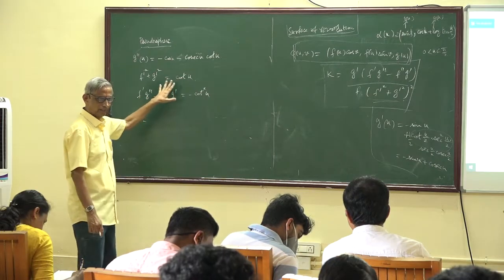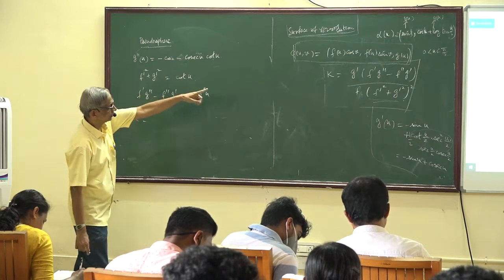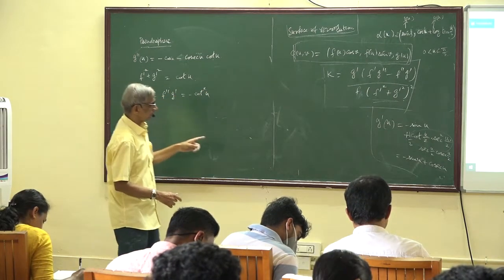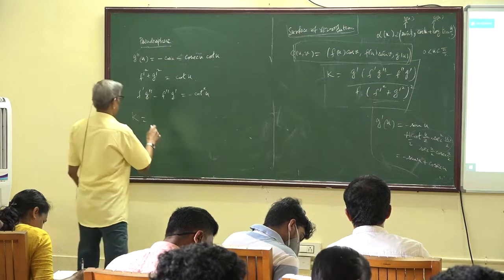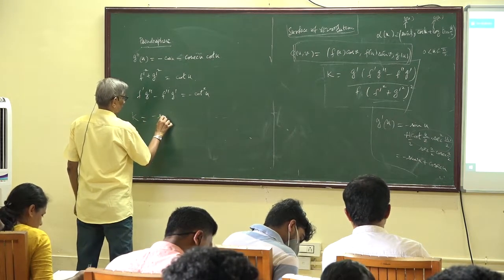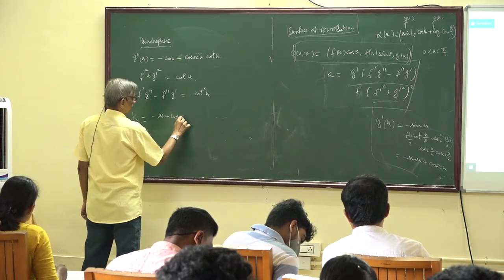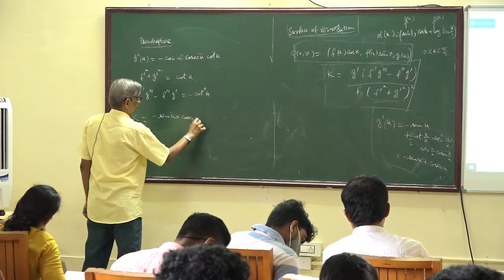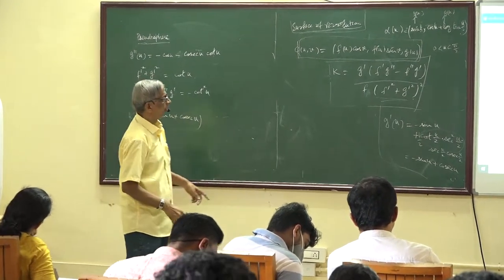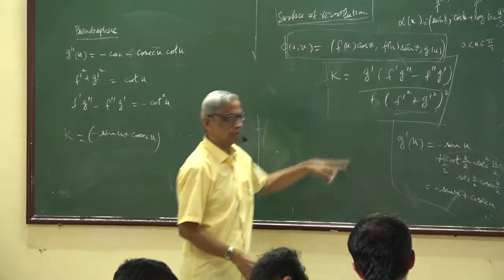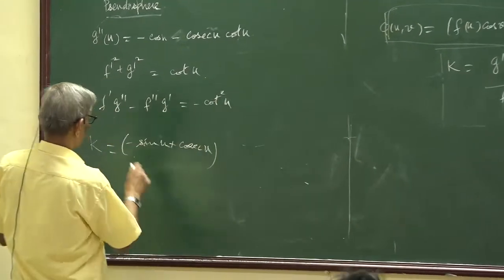This is okay? I have copied correctly. So k is g prime minus sine u plus cosecant u to this one minus cot square.